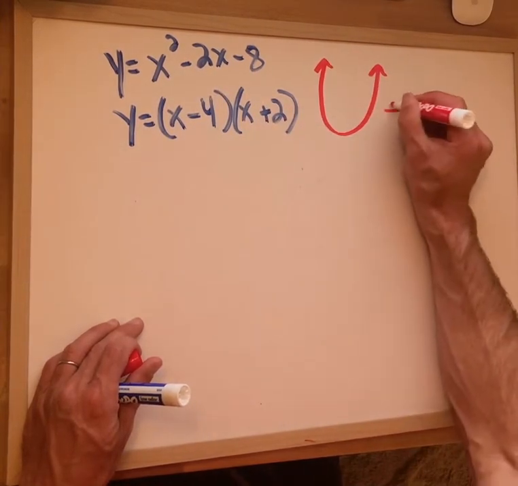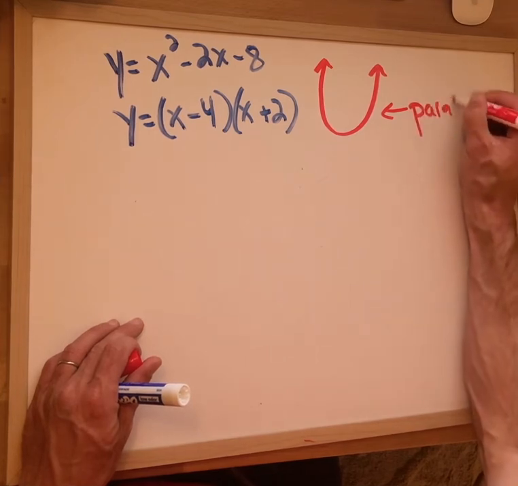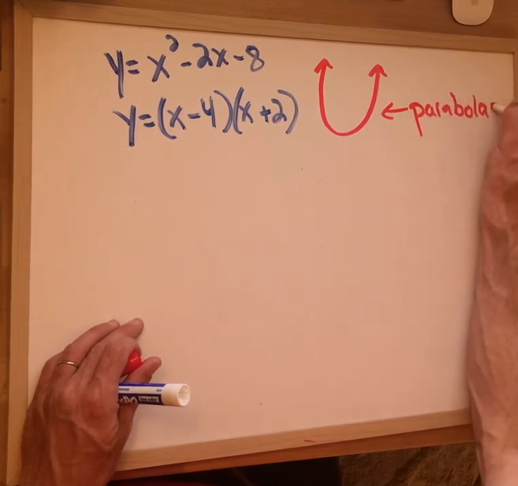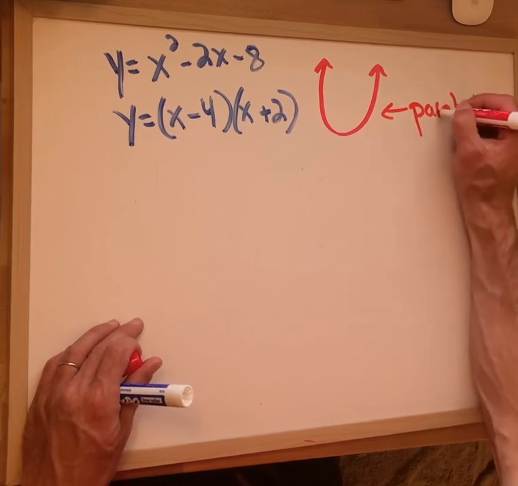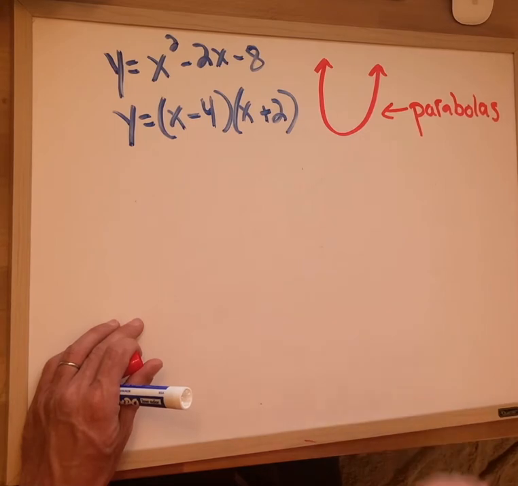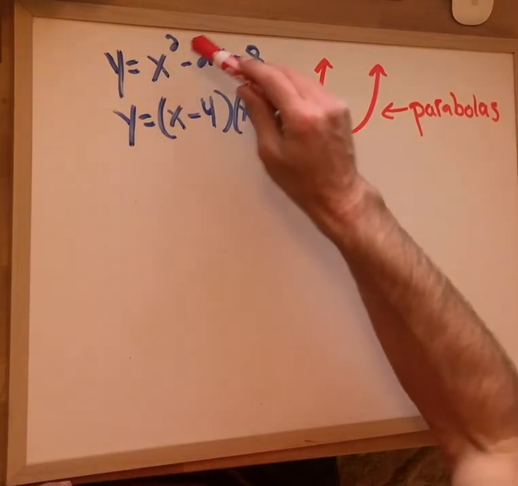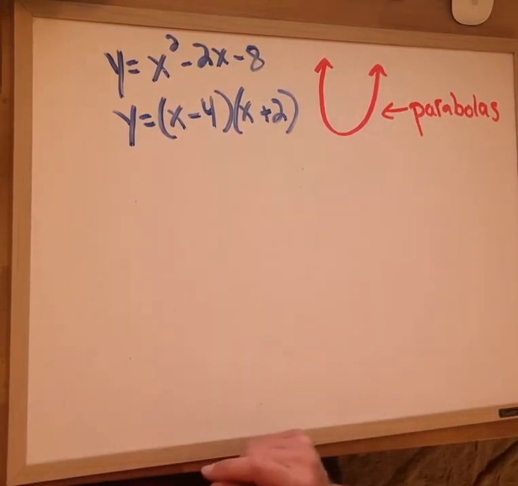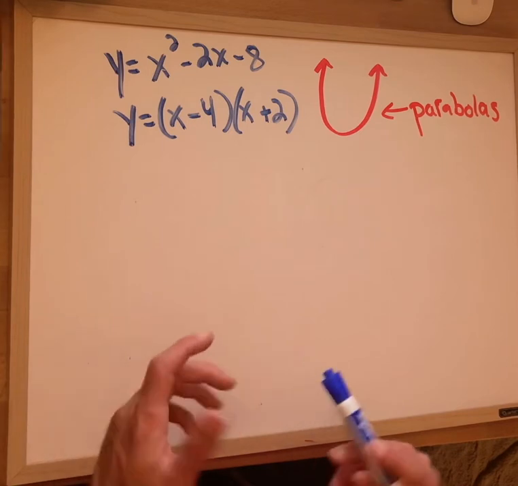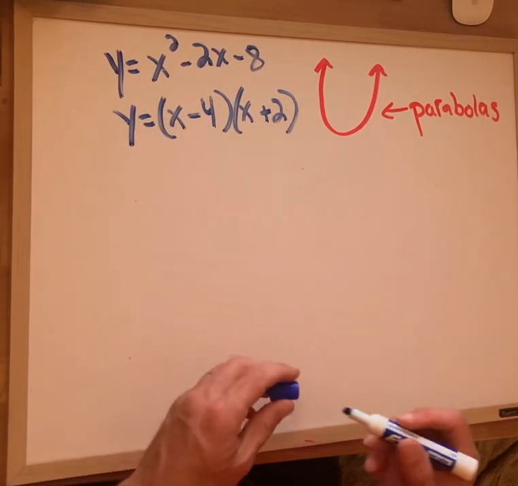And these U shapes, you're going to see them for the next 2 weeks, and then the beginning of next semester, we're going to be talking about parabolas really in depth. If you were to graph x squared minus 2x minus 8, it would create a parabola. We're not going to be graphing it today. But next class, we will be looking at these a little more in depth.